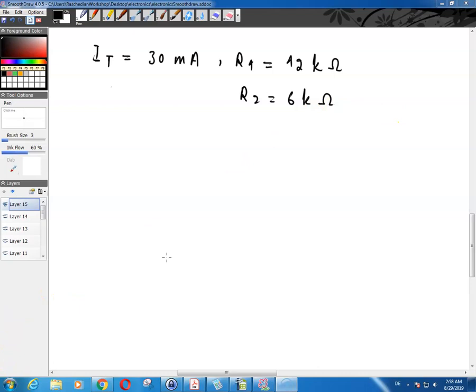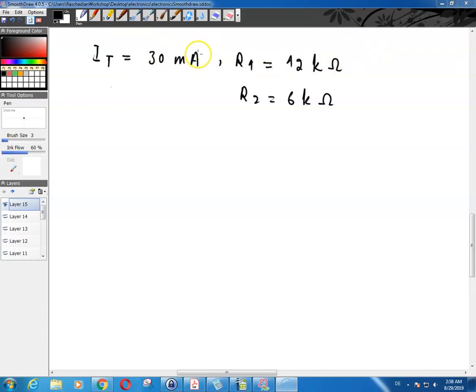The values of these resistors are in kilo ohm, and the value of the current is in milliamp.